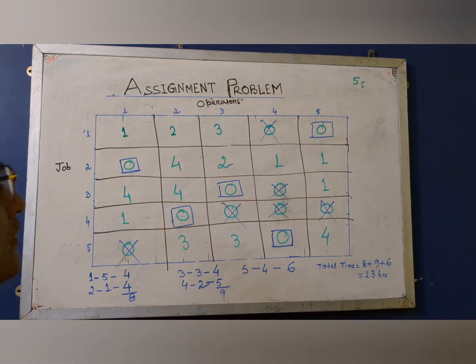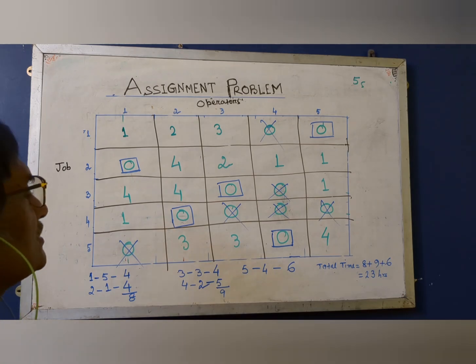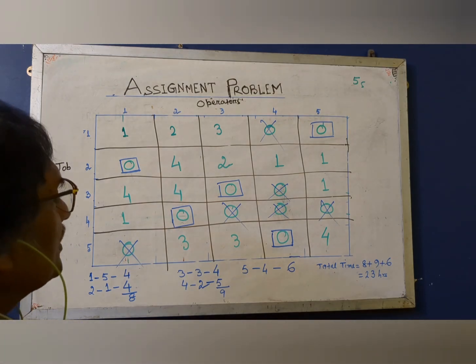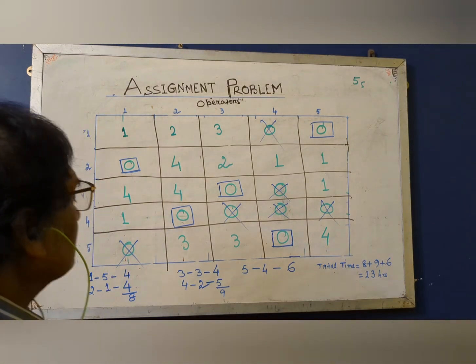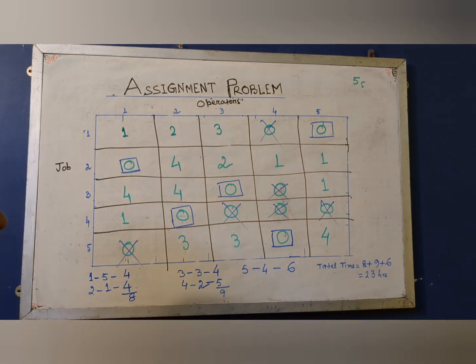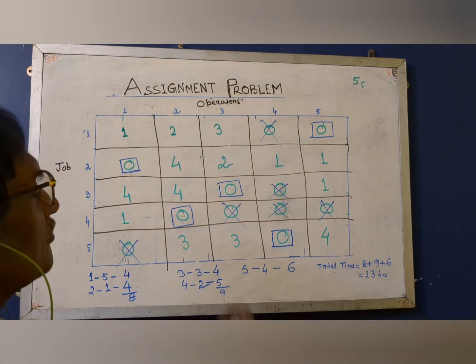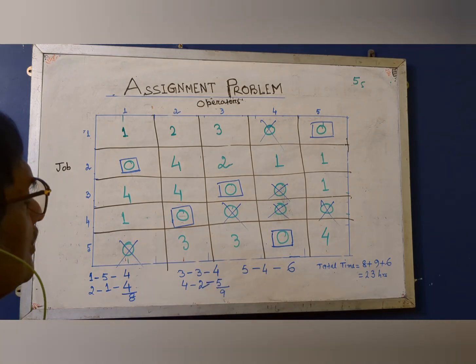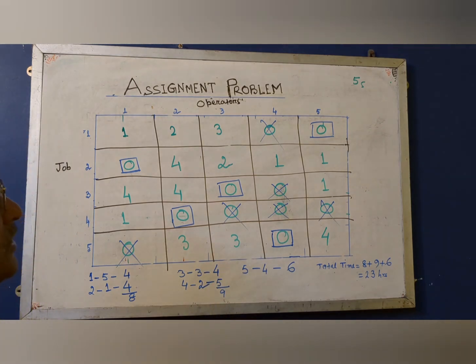In my next problem, I will show how we will solve the unbalanced assignment problem. Unbalanced means the number of jobs and the number of operators may not be the same. How we will solve it, I will discuss later on. And I will also discuss, instead of the minimization problem, here I have shown with the help of time required, if the profit is given, then how to maximize the profit.